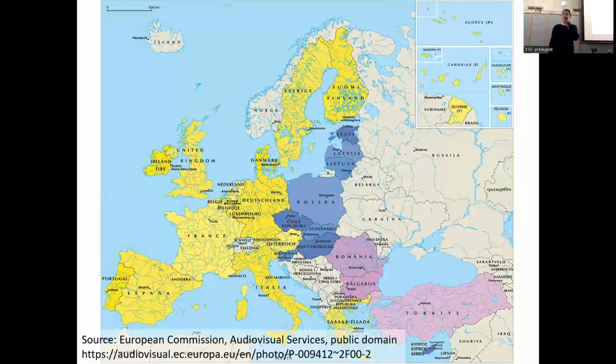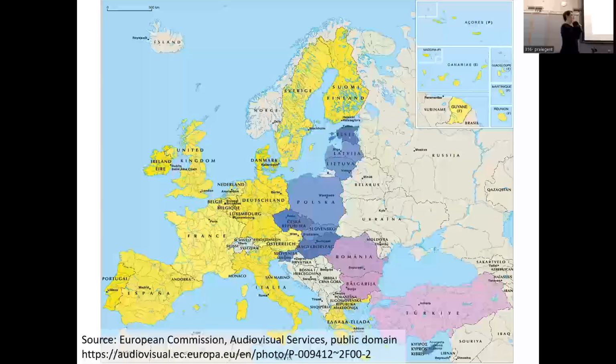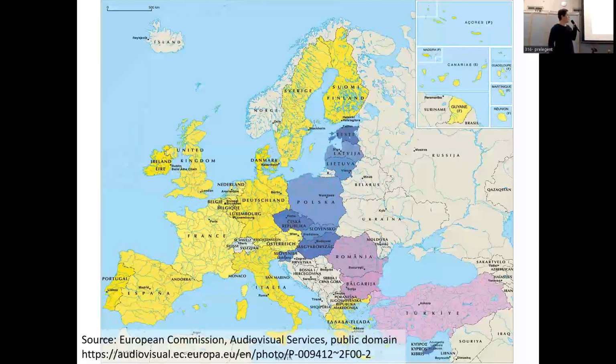The map color-coded Europeanness, if you want, by reducing it to European Union membership, saying that yellow are the member states up to 2004, blue are the ones that are going to join in 2004, and you probably can't really tell the difference, but Romania, Bulgaria, and Turkey are purple, not blue.